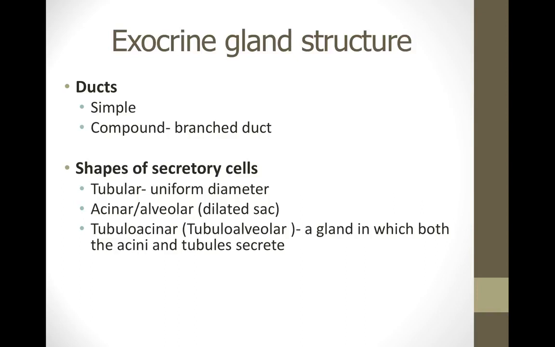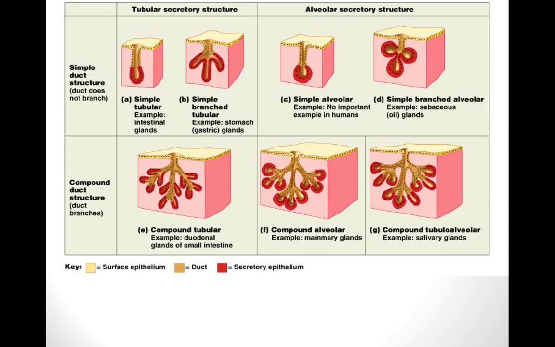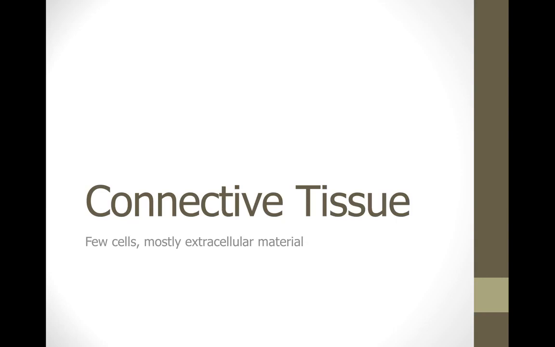These types of glands have no duct, so they're considered ductless, and they are associated with the endocrine system that releases hormones directly into your blood, and therefore does not require any form of ducts to carry the hormones from one location to another. You can skip the slide regarding the ducts.